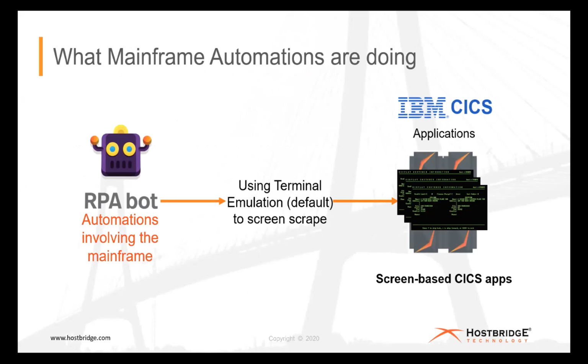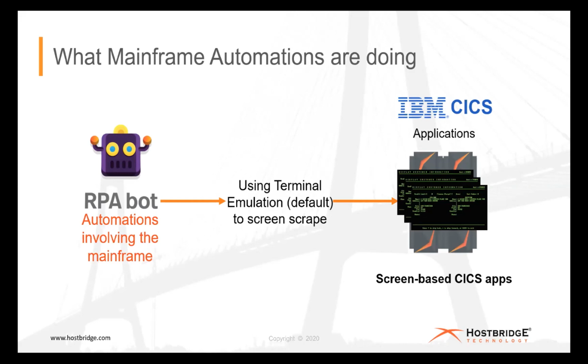So, what are these mainframe RPA-based automations doing? Well, if you look at either Automation Anywhere, which we're focused on today, UiPath, Blue Prism, or any of the other major leading RPA platforms, the way they integrate with the mainframe out of the box by default is using terminal emulation and screen scraping.